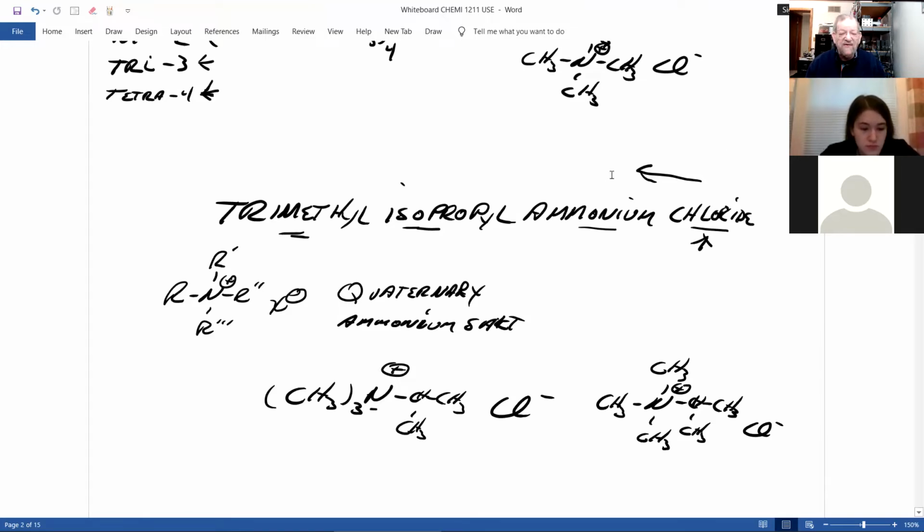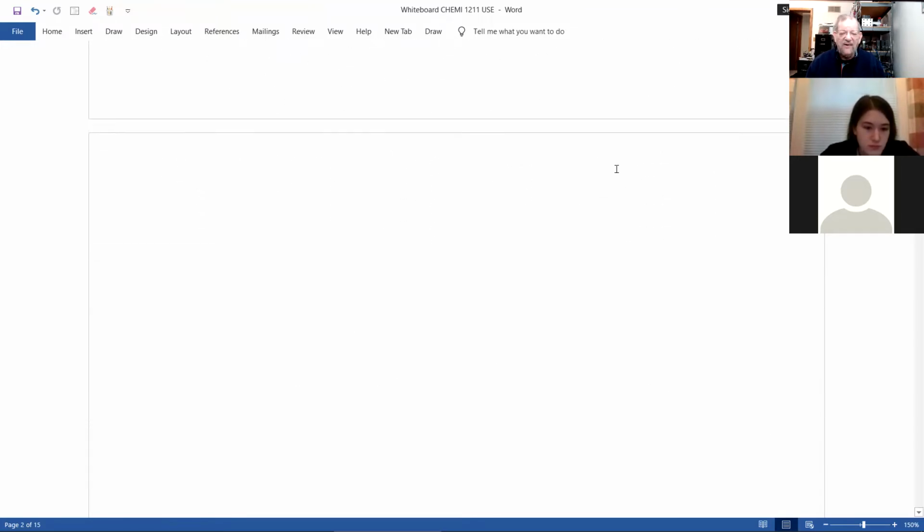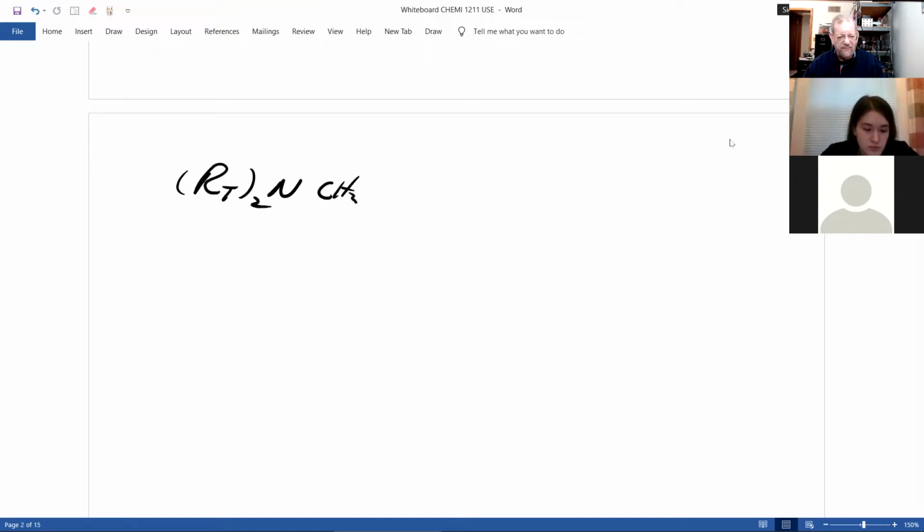Now, there's a very, very special quaternary ammonium salt I like to talk about. And R sub T is called the tallow group, or sometimes called the tallow alkyl group.